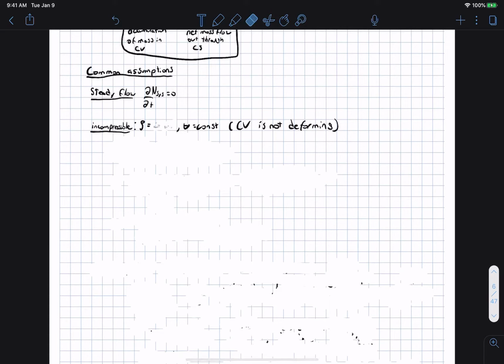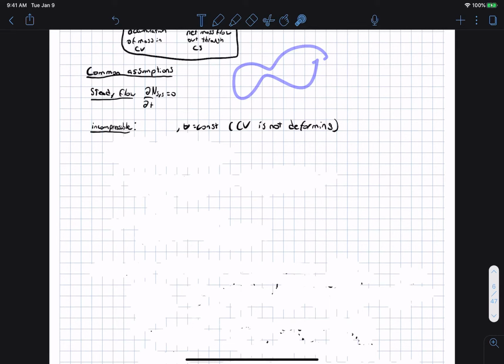So in general, you can think of it as just that the volume of the fluid is preserved as the system moves. That is, if the system is sort of wiggling about in space like this, the amount of volume in the system does not change. That's basically what it means to be incompressible.